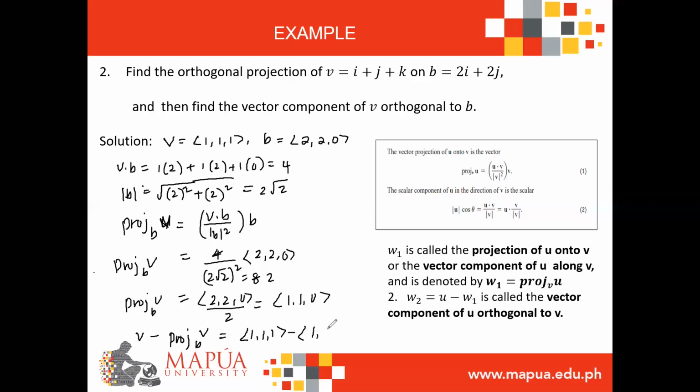So we have v minus w1, which is the projection of v onto b, equal to 1, 1, 1 minus 1, 1, 0. So 1 minus 1 is 0, 1 minus 1 is 0, then 1 minus 0 is 1. This is now the answer for the second question, the vector component of v orthogonal to b. The other one is the orthogonal projection of v on b, and we have this as the answer.